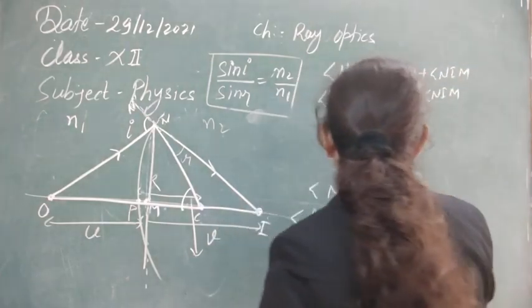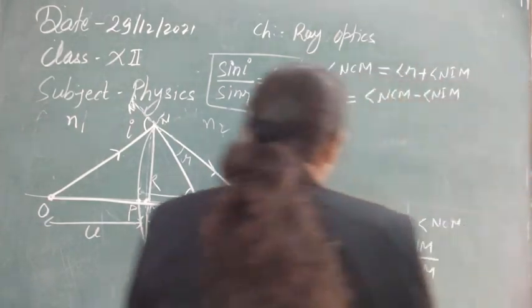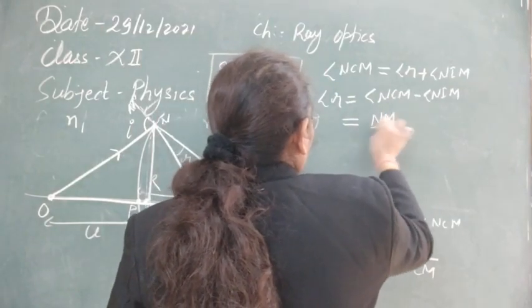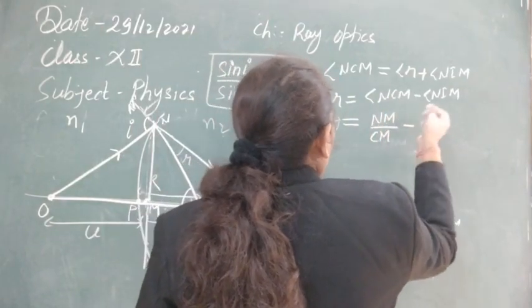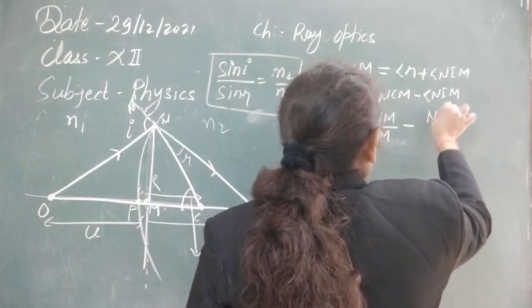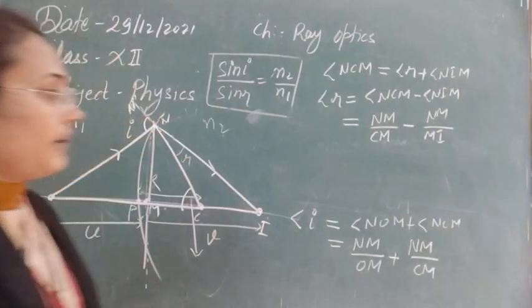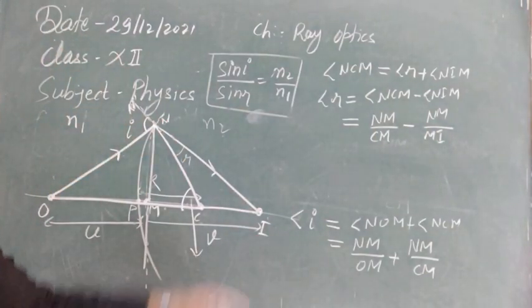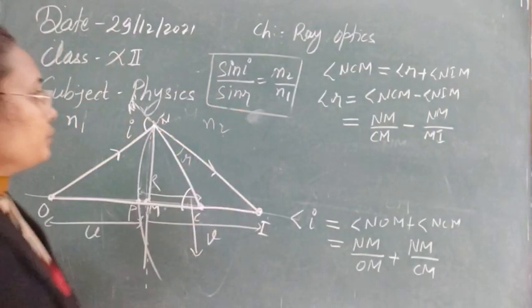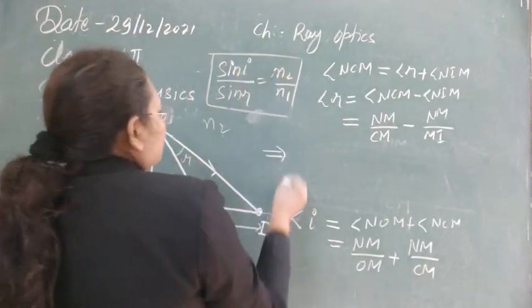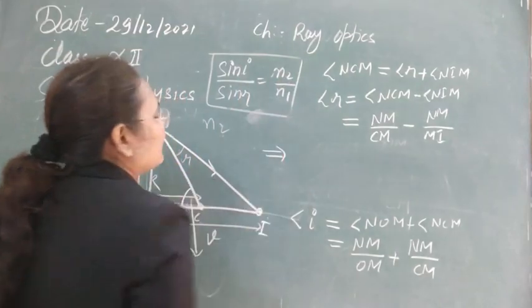Let's use the values now. So the value of R will be NM upon CM minus NM upon MI, and this one is the value of I. Let's use this formula. To use it, first of all, let's multiply by n1 and n2. You can also leave it in this manner.